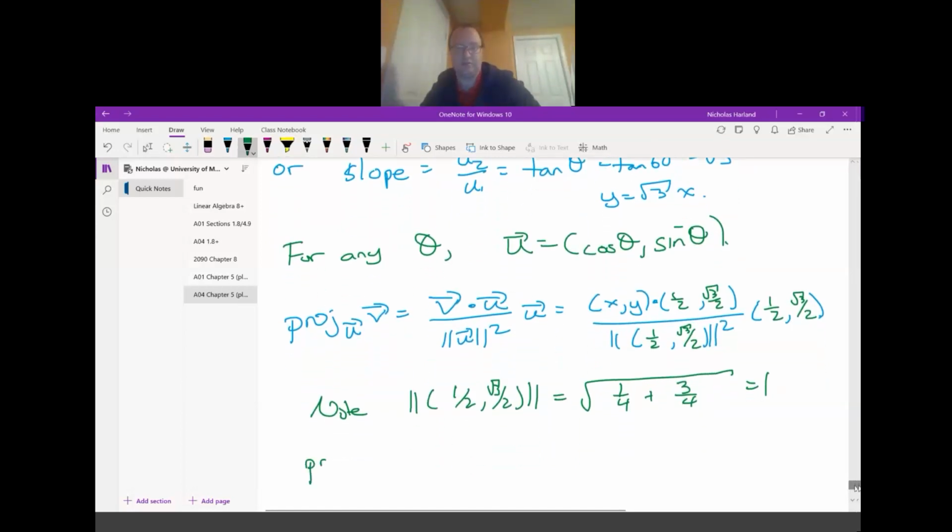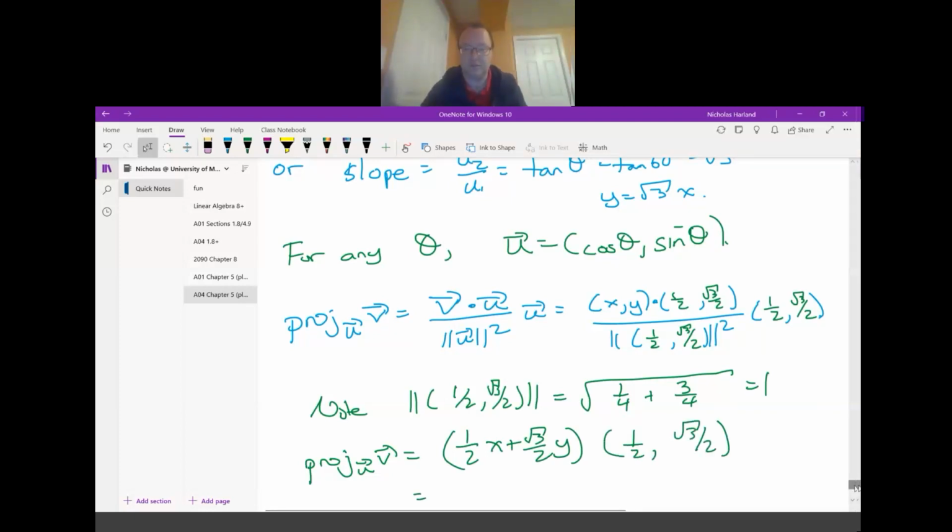So in other words, our projection is 1/2 x plus root 3 over 2 y times the vector 1/2, root 3 over 2. In other words, that's 1/4 x plus root 3 over 4 y, and root 3 over 4 x plus 3 over 4 y.